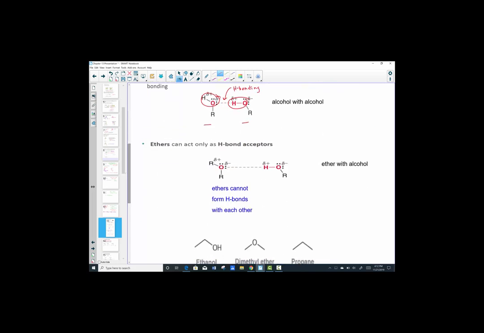But if I compare that to an ether, it cannot set that up. If I had an ether, let's say ROR, sitting next to another ether, ROR, there are no hydrogen bonds available from ether to ether. It can receive a hydrogen bond if I had an alcohol. If there is a hydrogen from a solvent, let's say, there can be an attraction between an alcohol and an ether, but there is nothing available for that same criteria for ethers together.